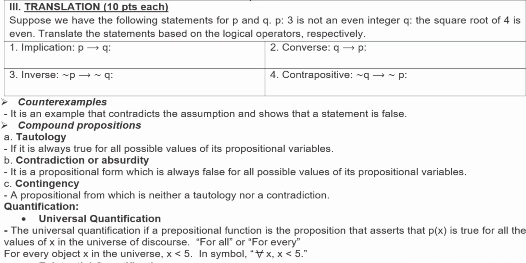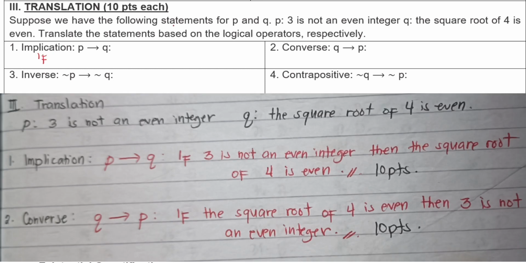Test 3, translation. Suppose we have the following statements for P and Q. P, 3 is not an even integer. Q, the square root of 4 is even. Translate the statements based on the logical operators respectively. So implication, that is if then, we're going to put if.